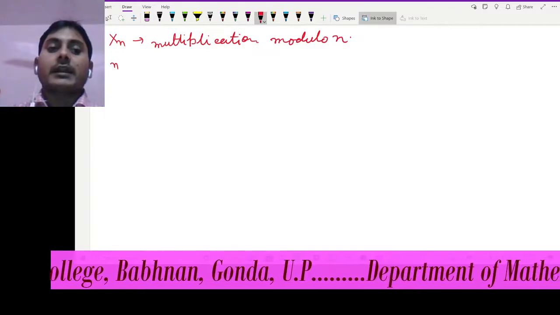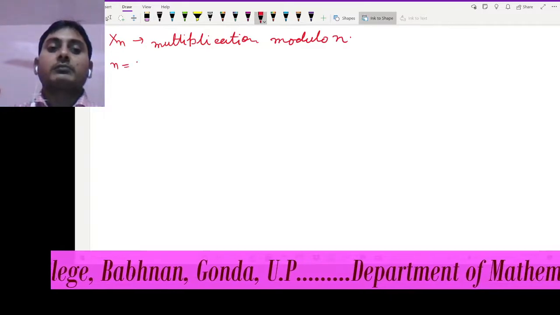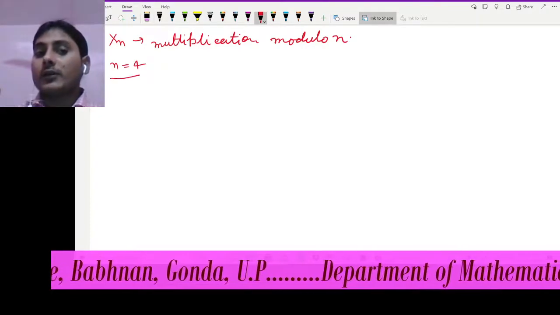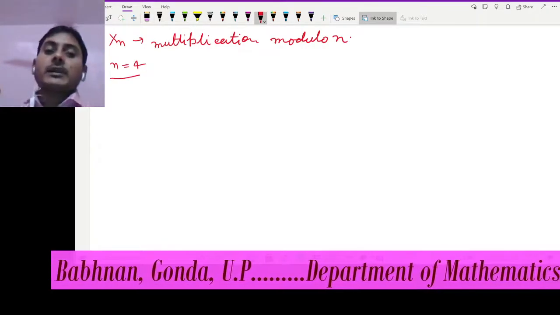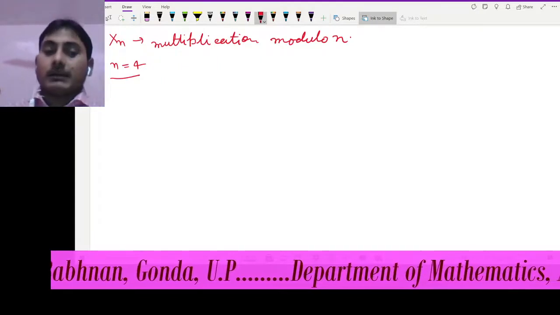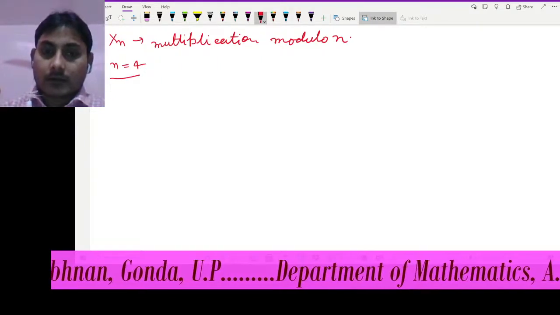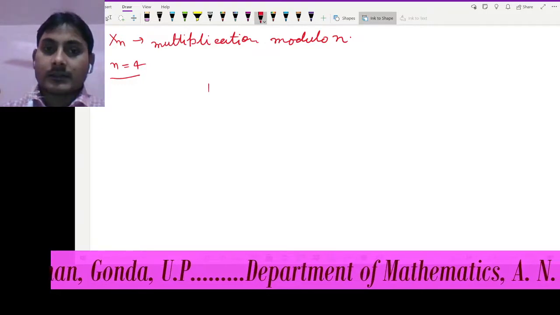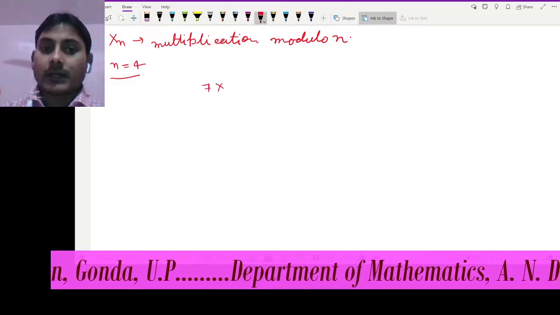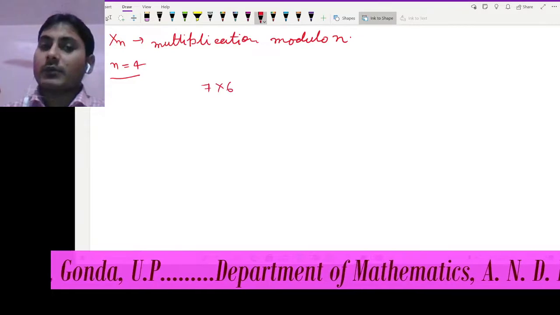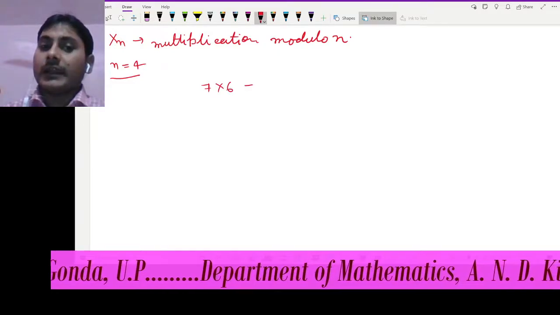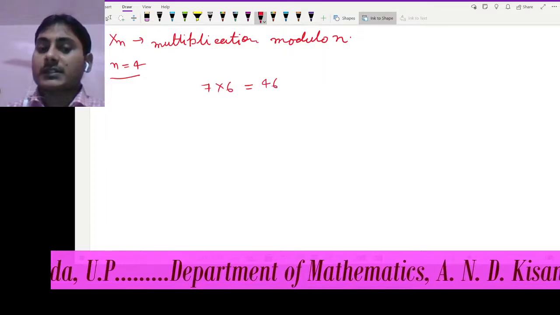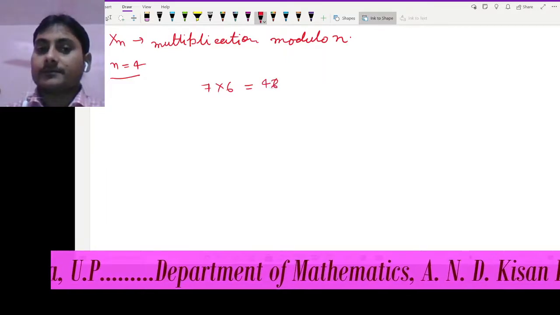In particular, you can take n equal to 4. Suppose you are multiplying 7 by 6. In usual multiplication, you will get 42, since 7 sixes are 42.